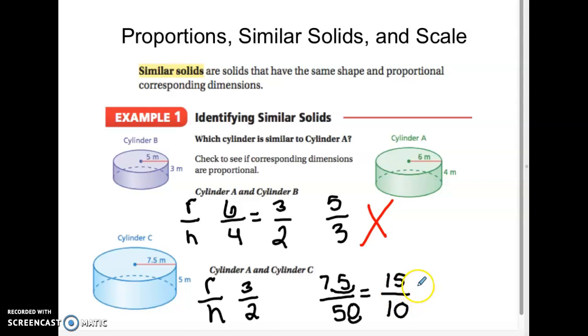And we can keep dividing. So 15 divided by 5 is 3. And 10 divided by 5 is 2. So now we have 3 halves and 3 halves. So here, cylinder A and cylinder C are similar figures.